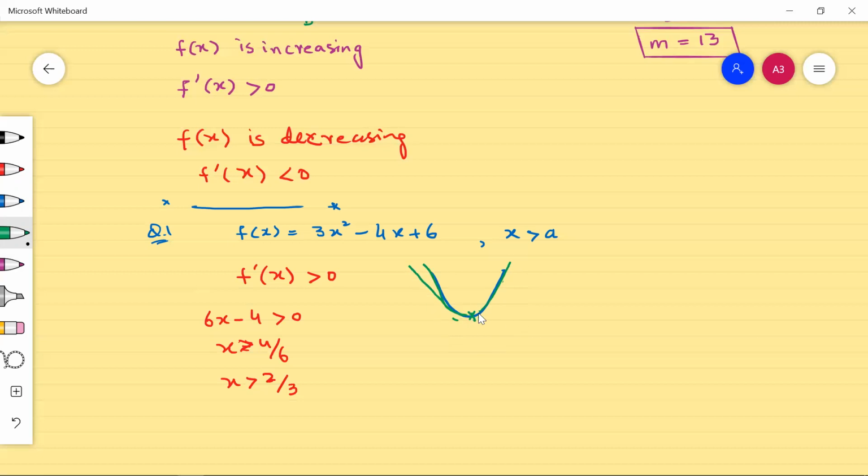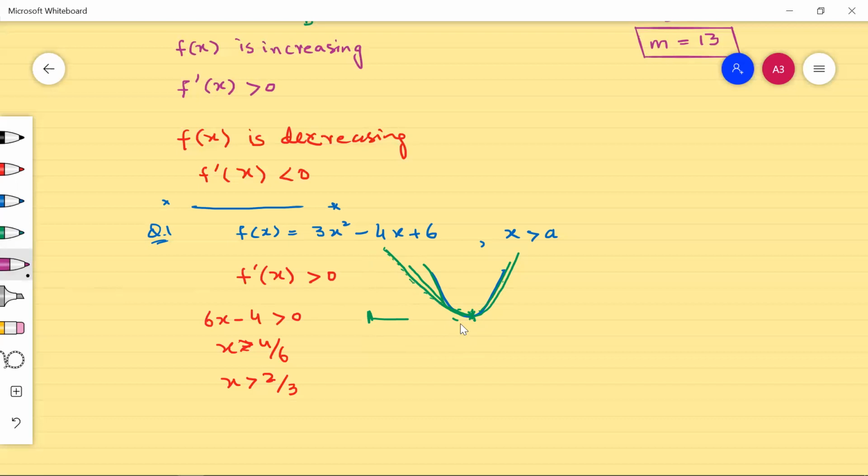We remember one thing, we always start motion from the left side. For example, if somebody starts from the left side, from here, the function is constantly decreasing to this point. When we reach this point and continue, the function is increasing from this point. Before this, the function was decreasing, coming downward, downward, downward.